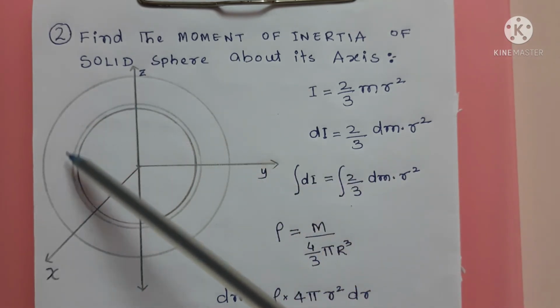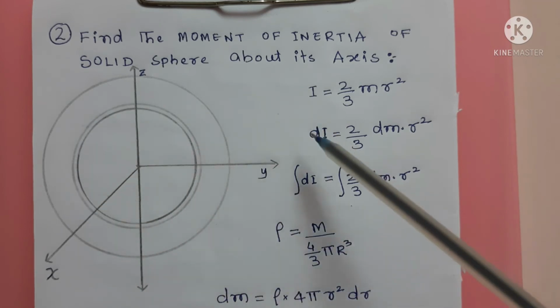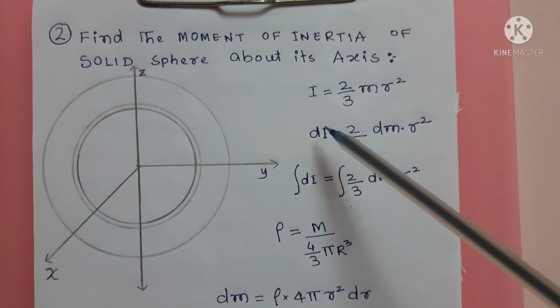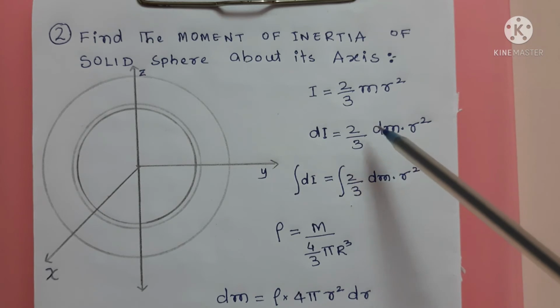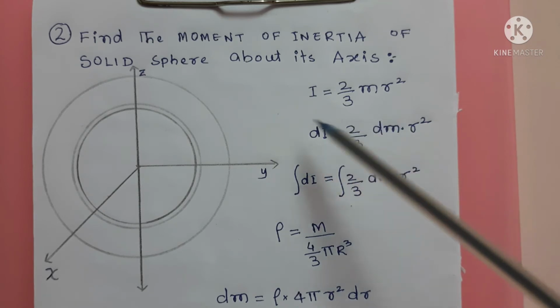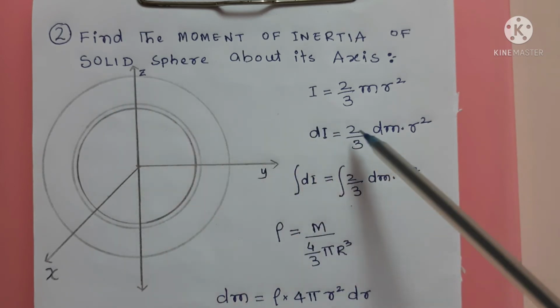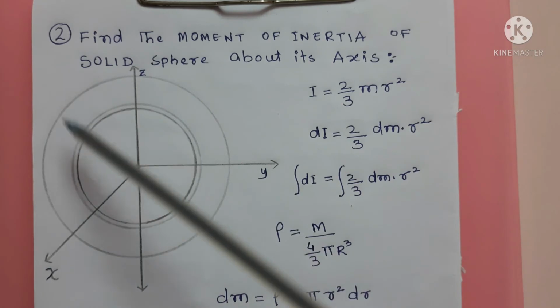So for this portion, I am calling the moment of inertia dI equal to 2 by 3 into dm r square. Why am I taking 2 by 3? Because it is similar to a hollow sphere. Why is it dm? Because it is part of the solid sphere.